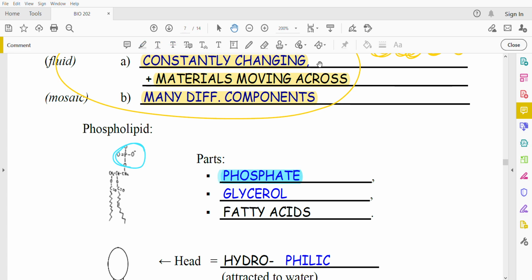In addition, a phospholipid also contains a glycerol group here. And again, let's see if we can highlight that with the correct color.